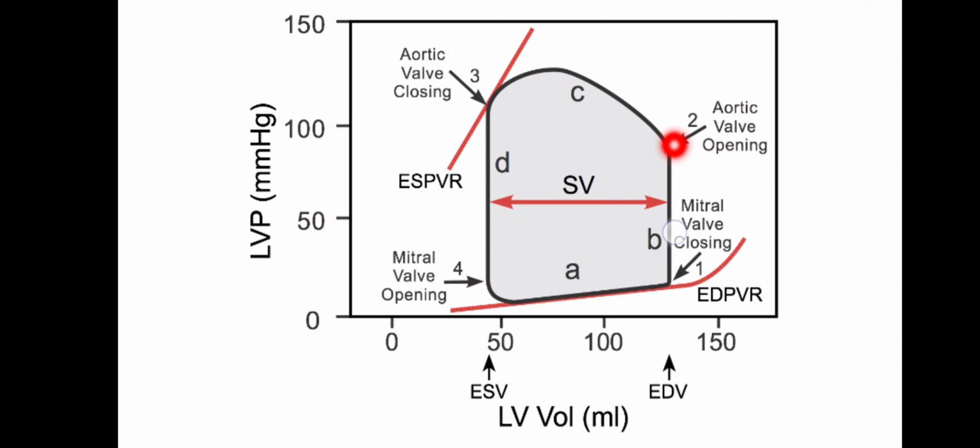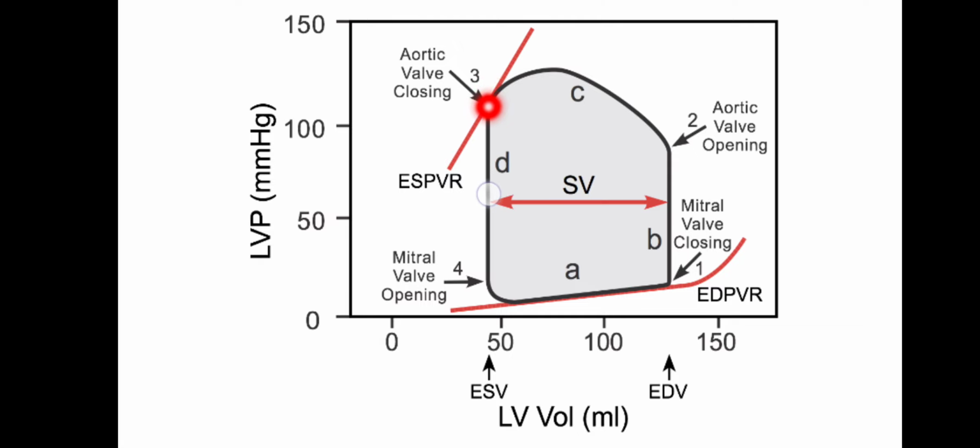As the aortic valve opens, the LV ejection occurs. The blood ejects from the LV to the aorta. That causes a decrease in the volume of the LV, but the pressure will keep rising until it reaches the maximum LV systolic pressure. At this point, the LV pressure falls below the aortic pressure.